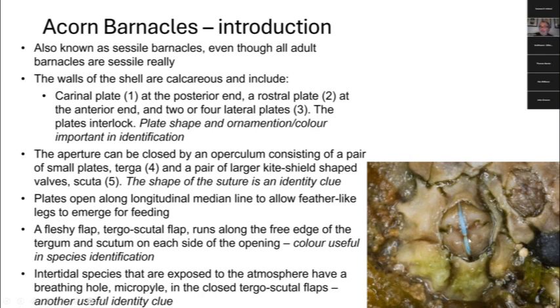In the middle there's a little hole, which you can't actually see as a hole, but it is marked by an orange dot. That's the micropyle, which the animal can use to sample the environment without opening its shell completely. The color of these tergoscutal flaps is also another useful identity clue.